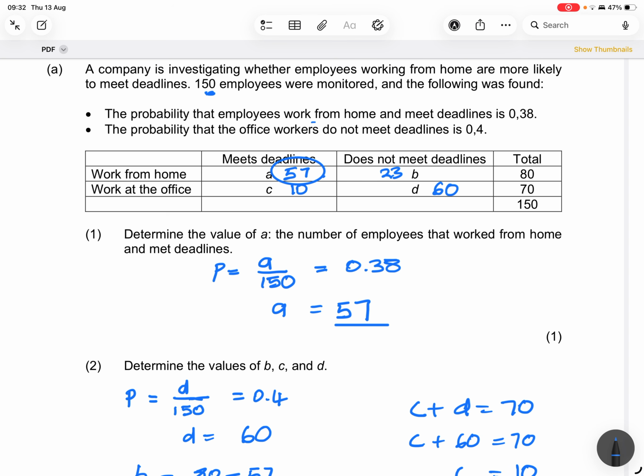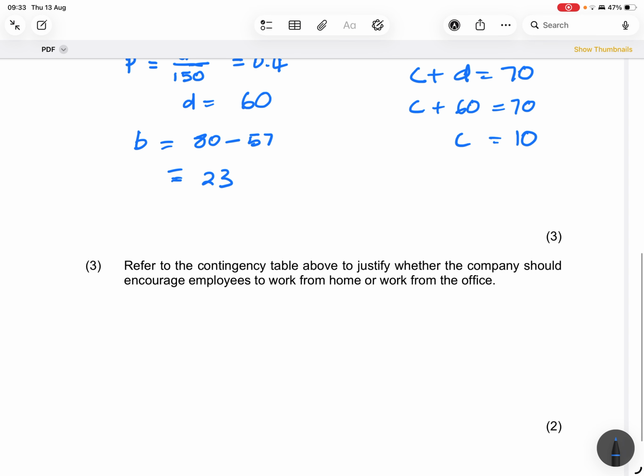So people who work from home are more likely to meet deadlines than people at the office. And you can even see that there's a small number of people that work from the office that meet deadlines. So I think people working from home are likely to meet deadlines.